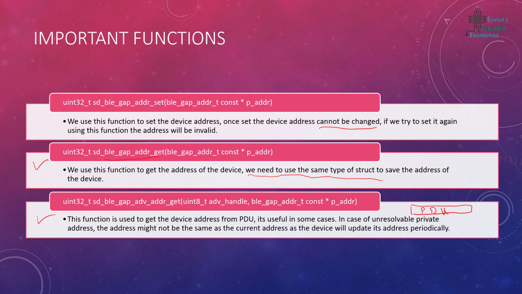In this function we have one extra thing other than the pointer, which is the advertisement handle. We also have to pass the advertisement handle of the device in order to get its address from the PDU. So we have to make sure we know everything, and these are the basics for random static address. Now we are going to start the programming.